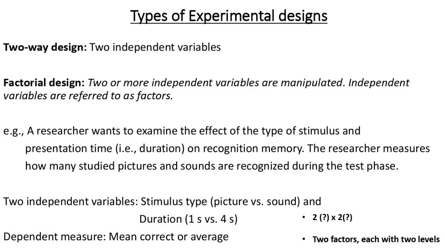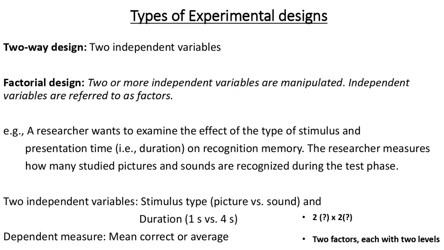So how would you write it as APA style notation? Well, what does 2 mean? It just means 2 factors, and then you have 2 levels of each factor. So that's why it's 2 times 2. So I'm writing it down.